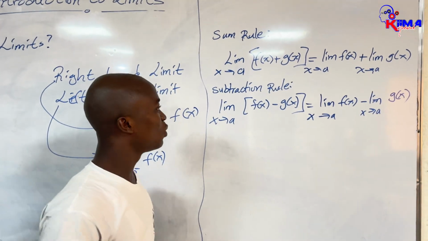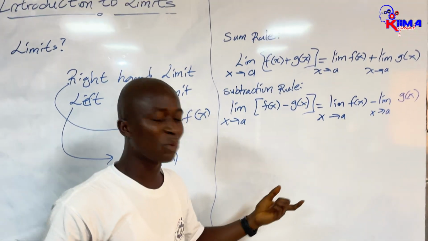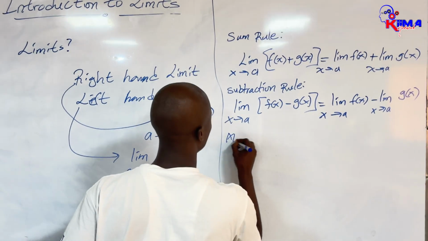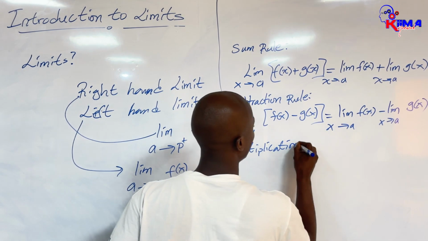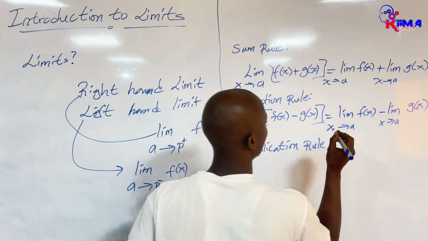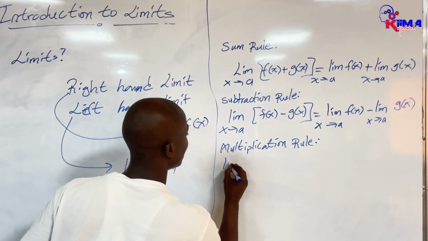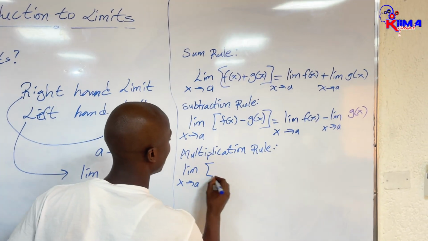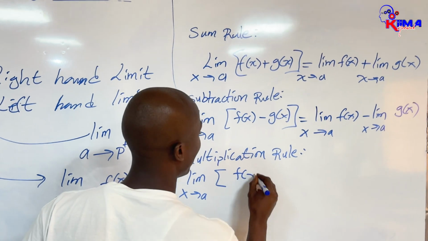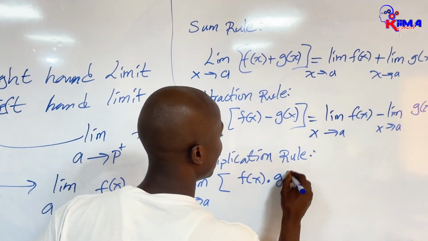Let's move to the multiplication rule. The limit as x approaches a of f of x times g of x.